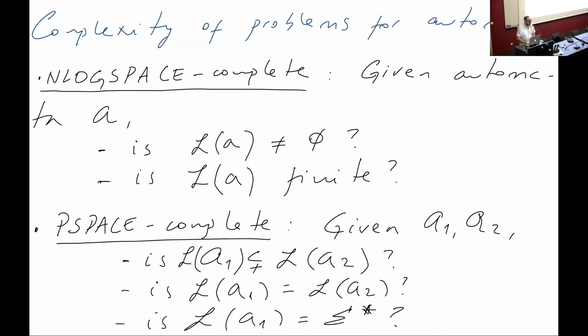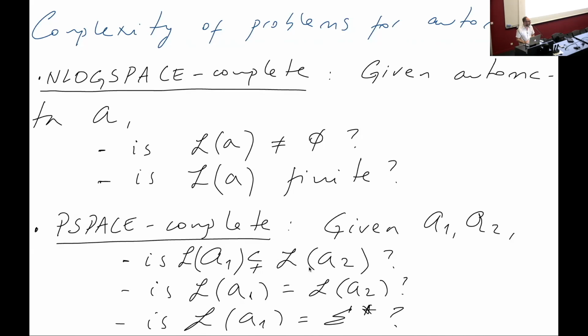But there are some interesting problems for automata that are much more expensive. One of them, for instance, is the containment of automata: whether the language accepted by an automaton A1 is contained in the language accepted by an automaton A2. This problem is PSPACE-complete.